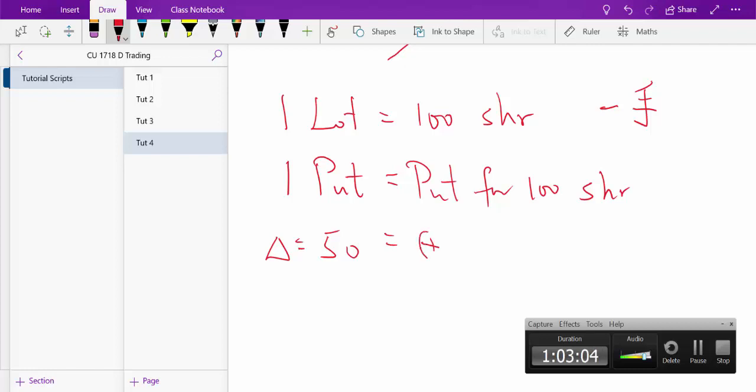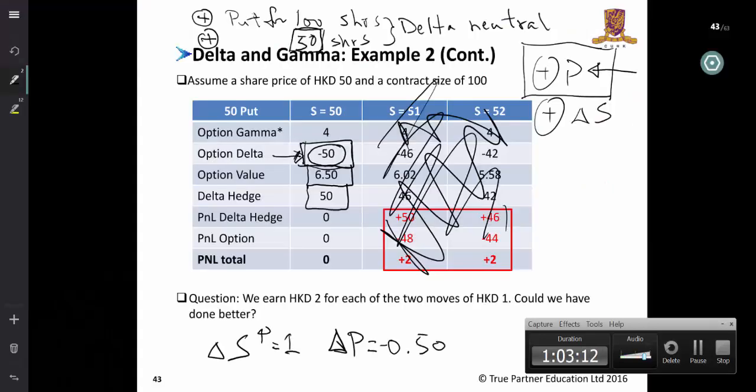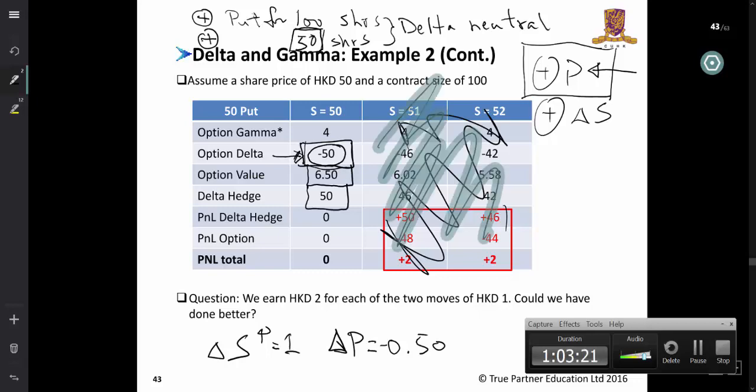I know I need to go long 50 shares. That's how that works. Okay? And that is what's happening here. So you just imagine that you now have this position. In fact, they tell you here.